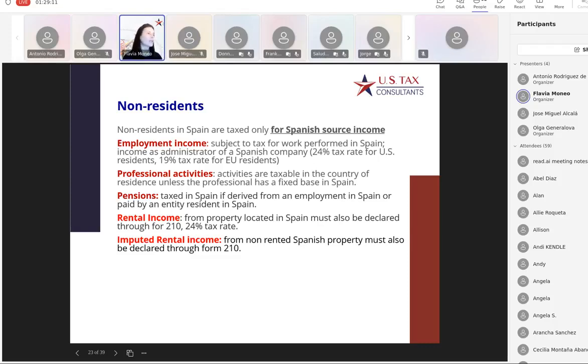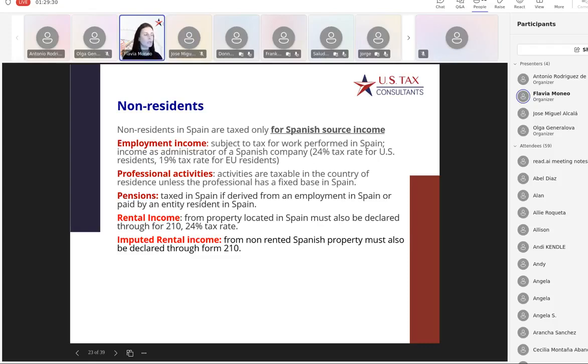When you are here less than 6 months and you're working for a Spanish company, you have to file the 210 if you don't have the 24% withholding. If you already have the withholding, then you have nothing to do with the Spanish tax agency.